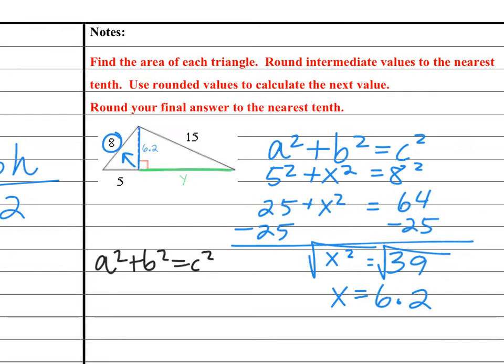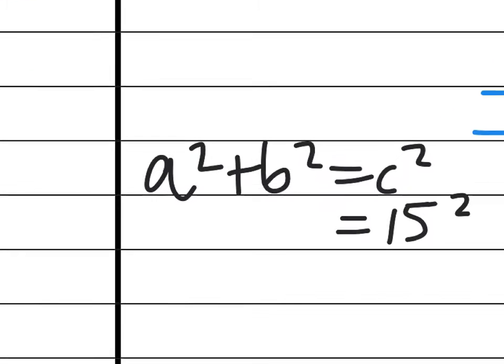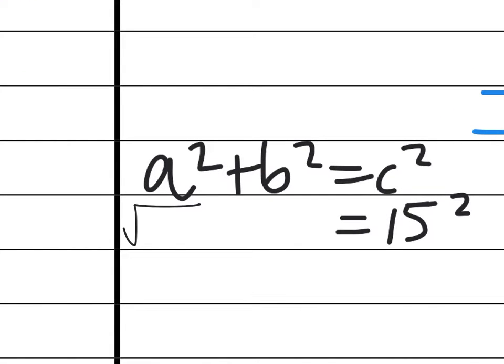Again, the side across from the right angle is c, so 15 is c. You should know 15 squared: 225. Now, as Emma said, the square root of 39 is 6.2. Technically, it might be better to use root 39 squared here, because then it would be 39, right?